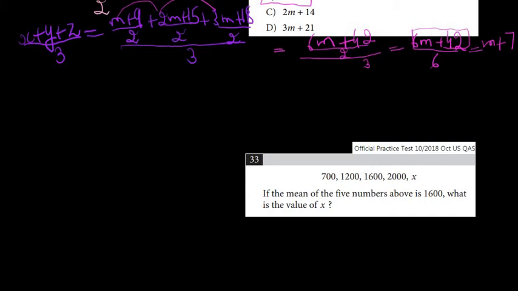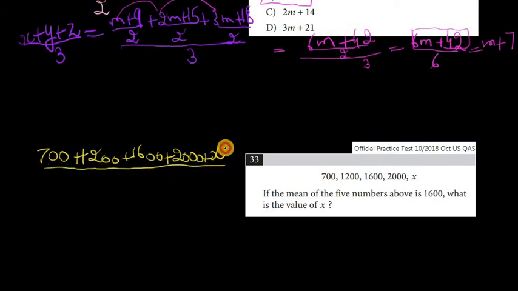So I'm going to add up all the numbers. 700 plus 1200 plus 1600 plus 2000 plus x, and all of that divided by how many numbers do I have? I have five numbers. So all of that divided by 5 is equal to the mean, and the mean is 1600 as they've told us.